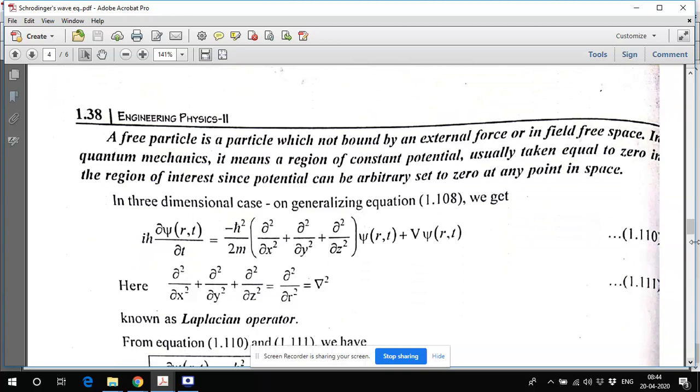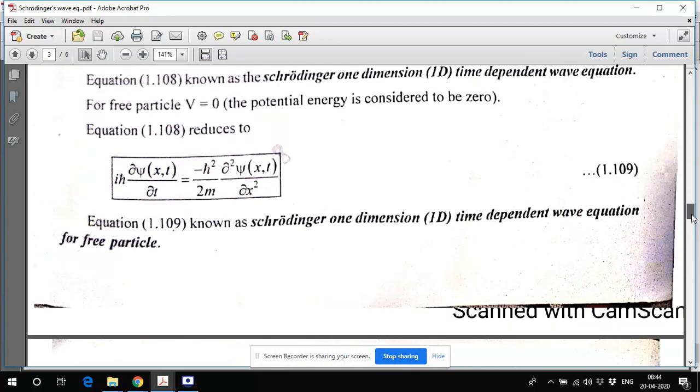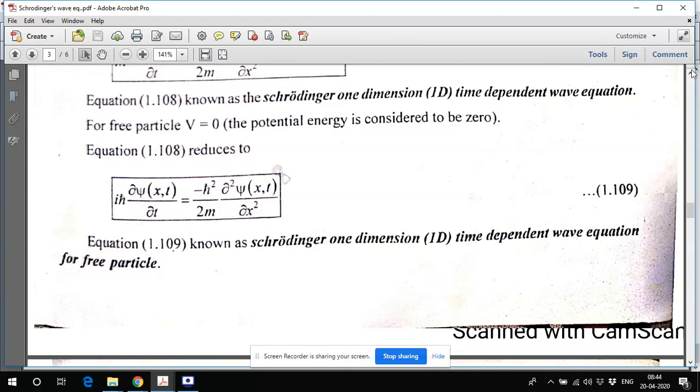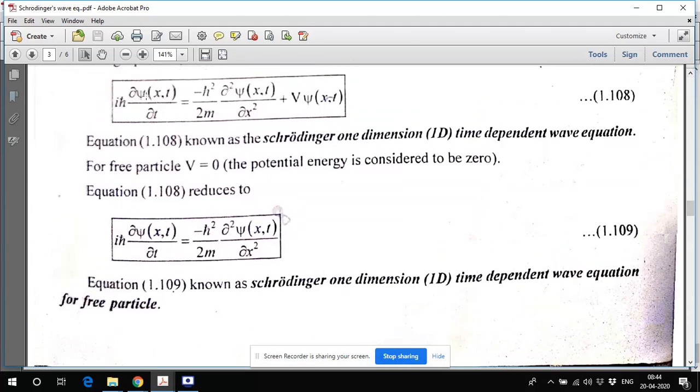But suppose we have three dimensions. The ψ(x) can contain x, y, z, or you can say r, because r is ix, jy, kz. So my x can be replaced by r if we have a three-dimensional quantity.